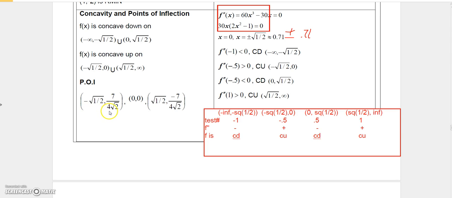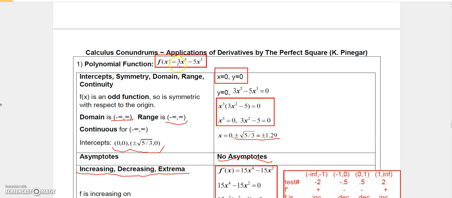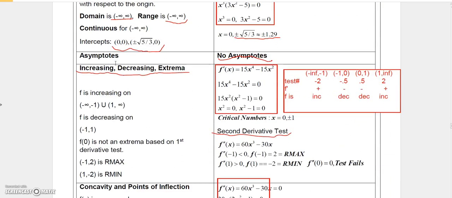Now, what you would have to do, and I'm not going to do that here, to get these y values is go back to this function way up here, and you would need to plug in minus the square root of a half into this, then you plug 0 into this, and then you plug positive square root of a half into that and see what you get.